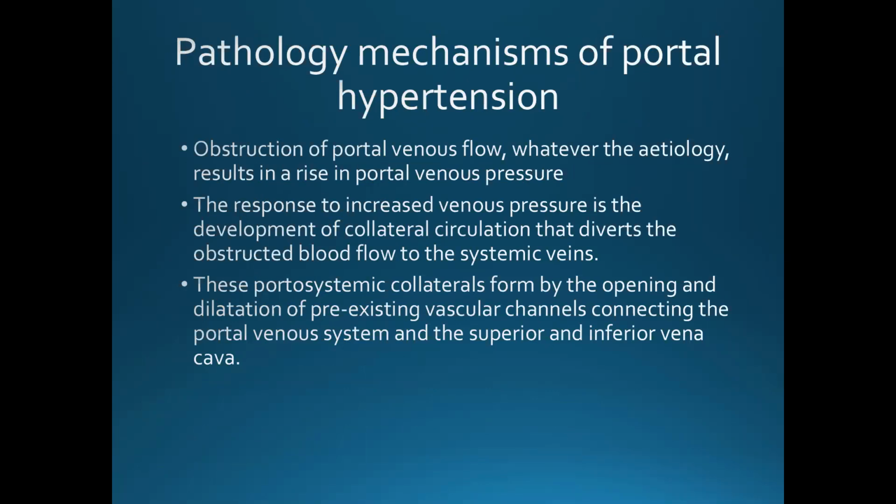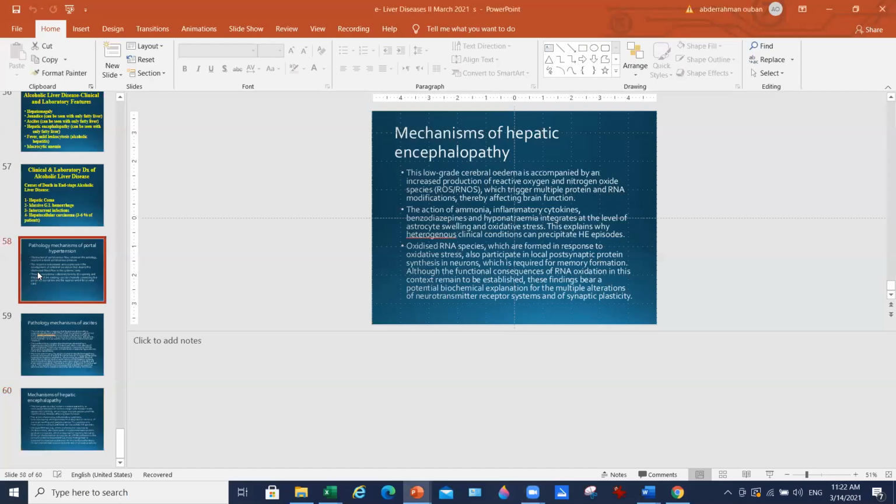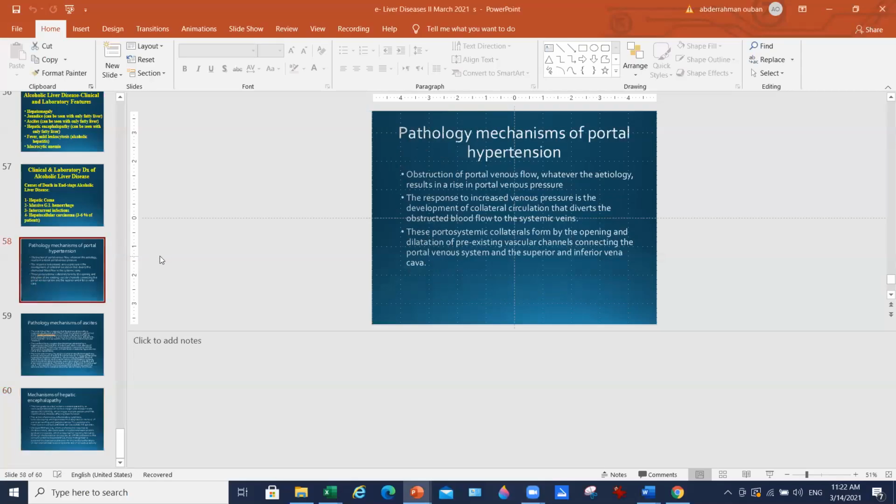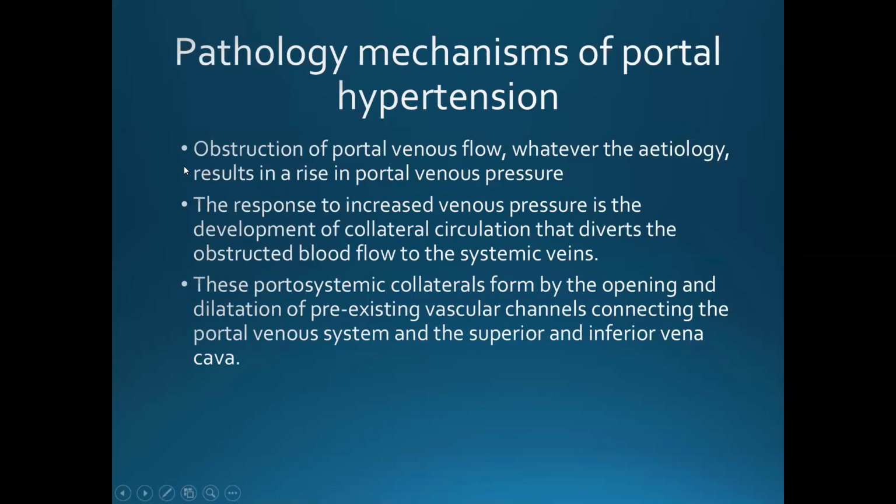Okay, thank you. A few words about, even though we did talk about the pathology of portal hypertension and maybe a little bit about ascites as well, this is actually coming to you courtesy of Robbins, okay? Starting with portal hypertension, we did talk about the obstruction to the portal venous flow. This is one, from the accumulation of the fibrous tissue in the space of Disse between the hepatic sinusoids and the hepatic cords.